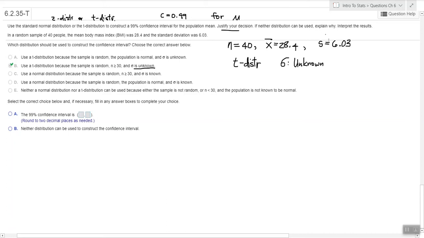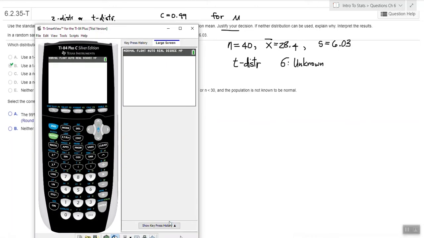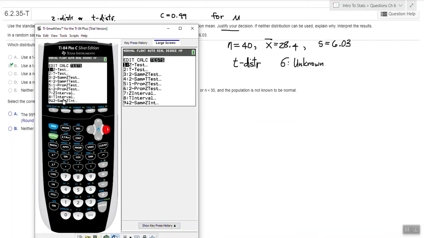So we have determined that we need to use the T distribution, and now we need to find the 99% confidence interval. So let's grab our calculator, and that is stat. I'm going to go over to tests, and I want to come down here to 8. So I could just press the number 8, right? Not the Z interval, but the T interval, number 8.